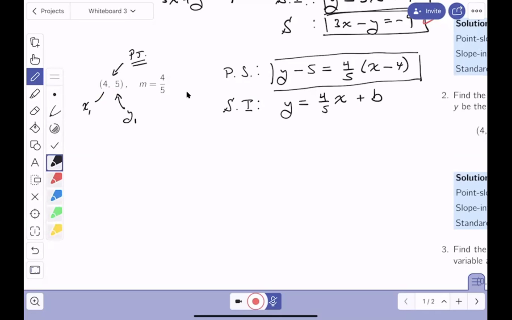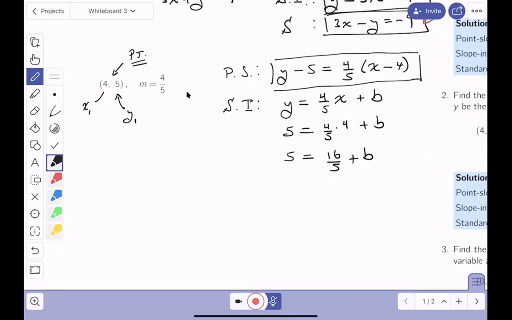We need to find the b. So what do I know? I know y is 5. How do I know that? I'm looking at it. And I know the x is 4. I'll write this over here. I still don't know b. What am I going to do now? Simplify. And this is work. I don't like the work.